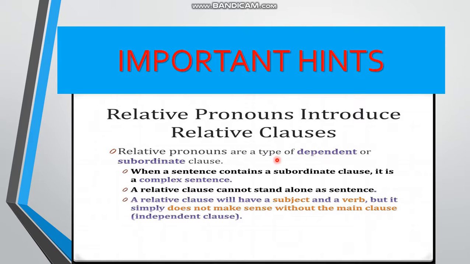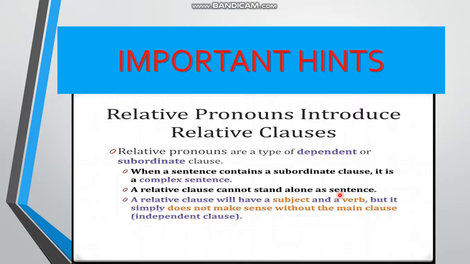So, a relative pronoun is a part of a dependent or subordinate clause. When a sentence contains a subordinate clause, it is a complex sentence. A relative clause cannot stand alone as a sentence.